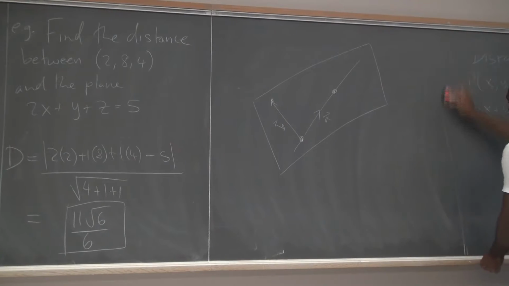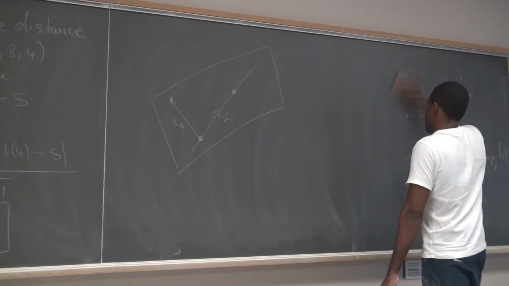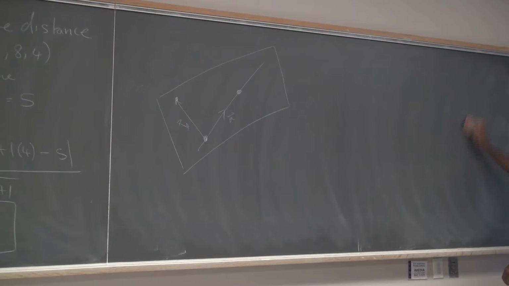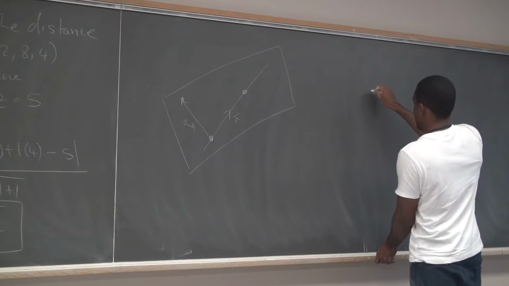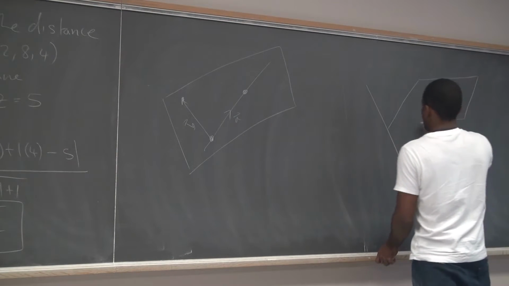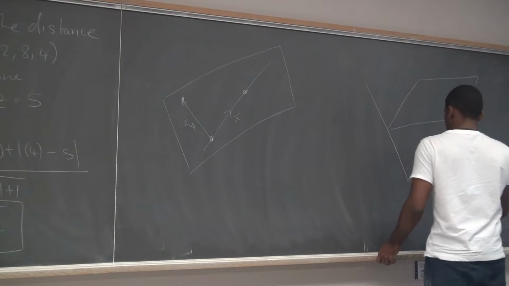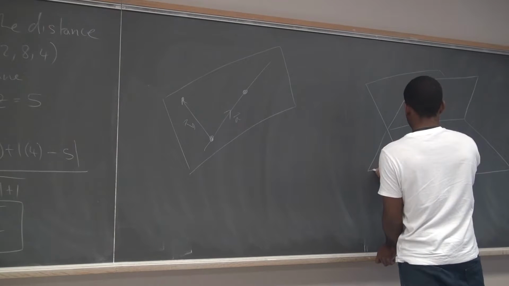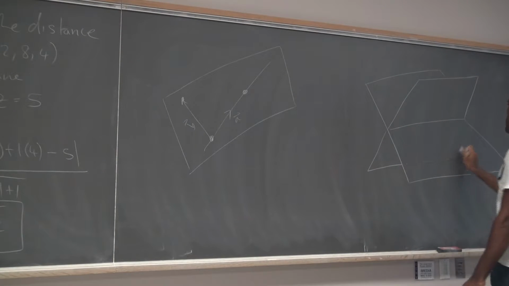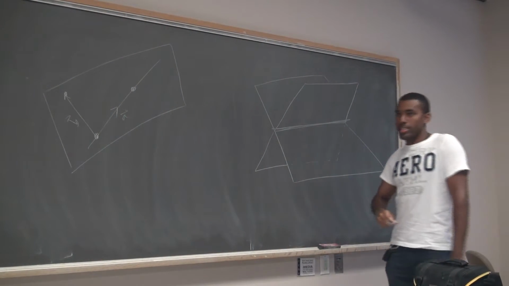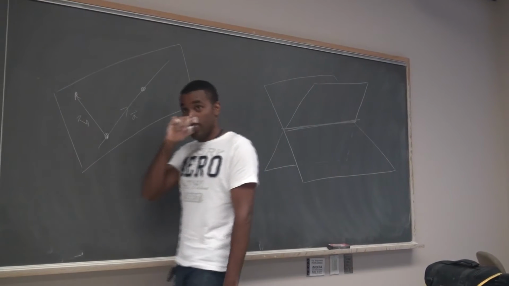What about if I asked you, two planes intersect in a line, could you find the equation of the line? If I give you the equation of the two planes, can you figure out what that line is?